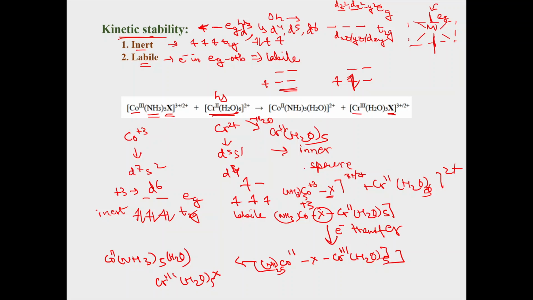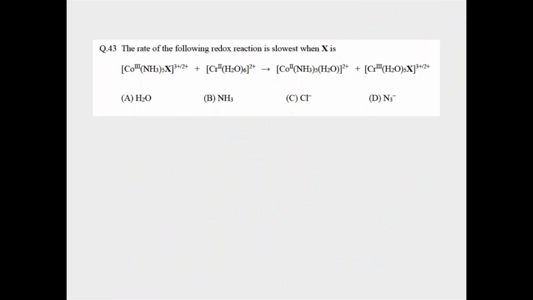Now, if it is a bridging ligand, it will let the electron transfer go fast, and therefore for bridging ligands, which in this case are Cl minus and N3 minus, when Cl minus or N3 minus is present, the electron transfer will be faster between cobalt 3 and chromium 2.